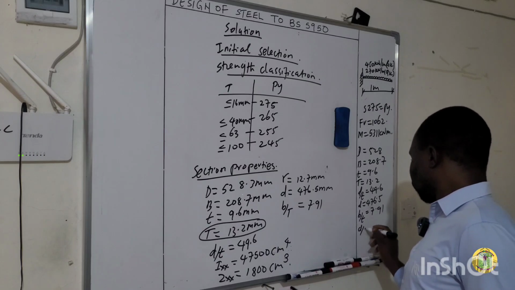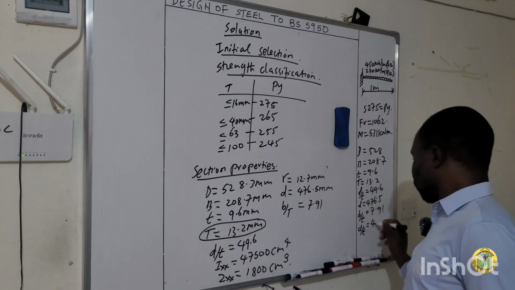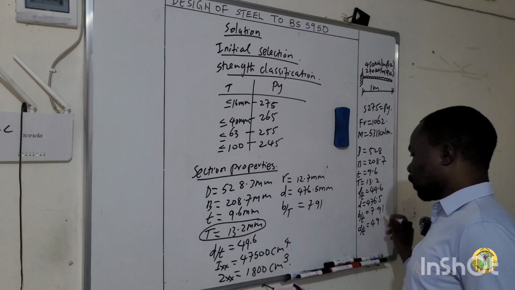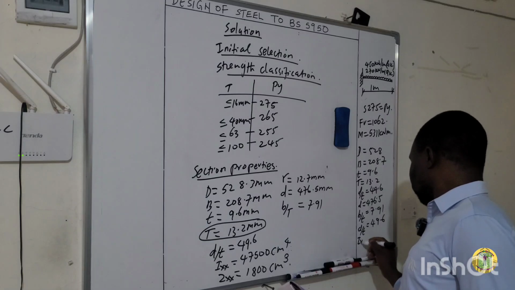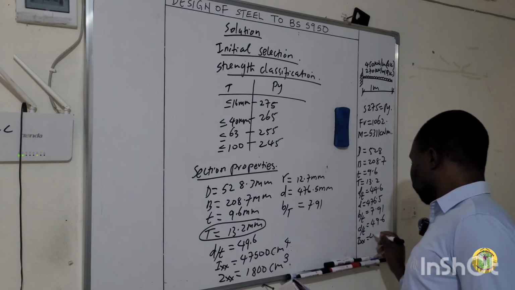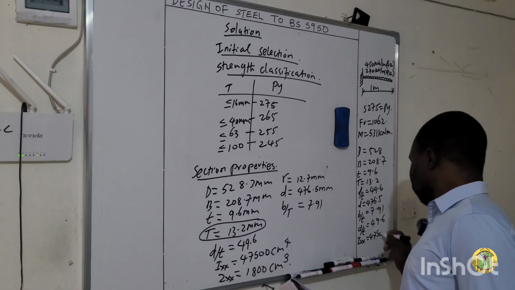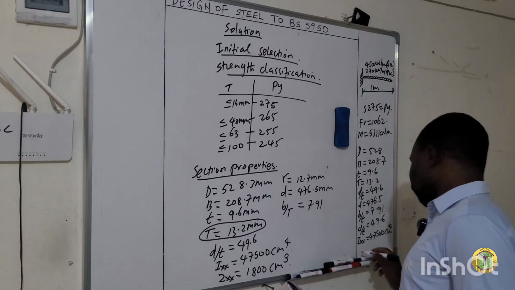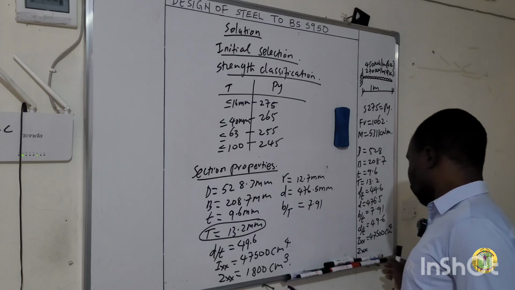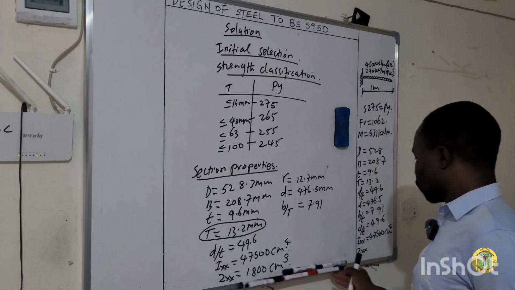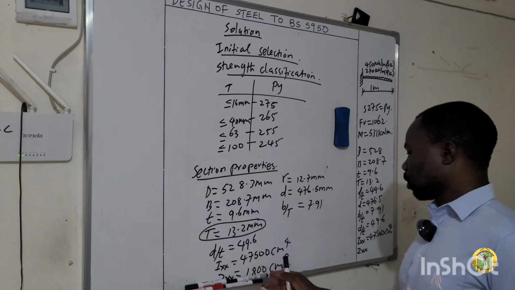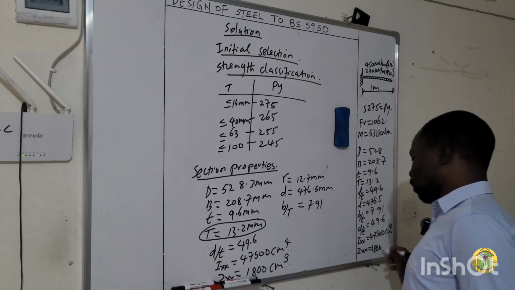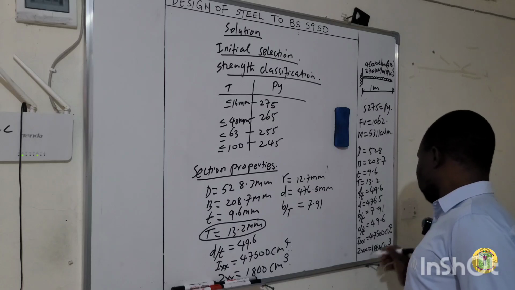And then d over t is equal to 49.6. IXX is equal to 47,500 centimeter to power of 4. ZXX is equal to 1800 centimeter cubed.